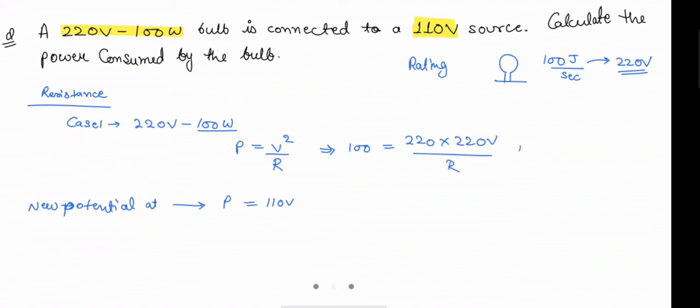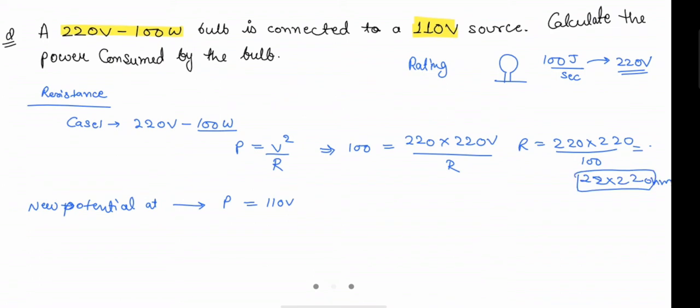That will be R is equal to 220 multiplied by 220 upon 100, which is basically 22 multiplied by 22, and that will be the value for resistance. I'm writing 22 multiplied by 22 only once over here. Instead of solving it further, I'm just using this value for the resistance, in ohm.